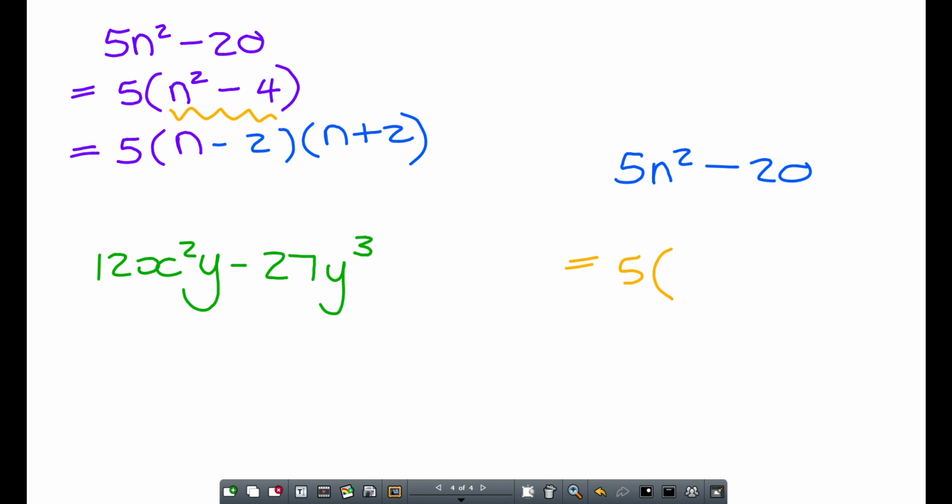Over 5. And that means that these two cancel out. So what's left here? n to the power of 2. Then the minus. And that gives me 4. Does it now start to ring some bells? After that step, you can do the difference of 2 squares. So that part you understand.